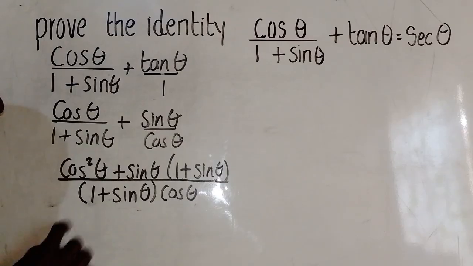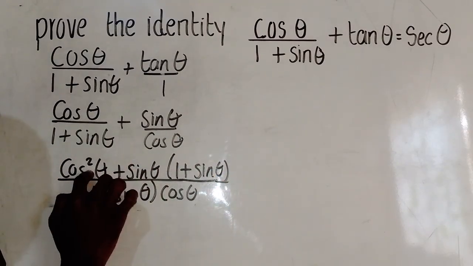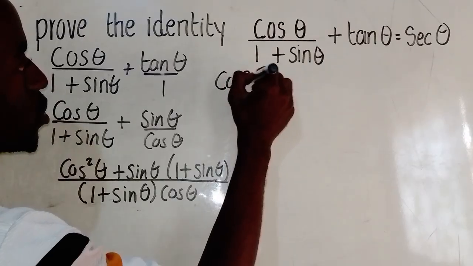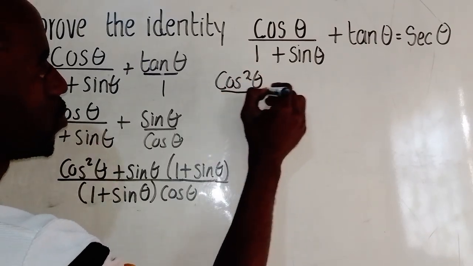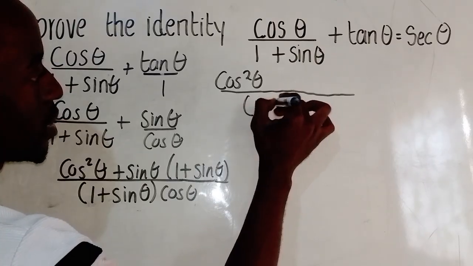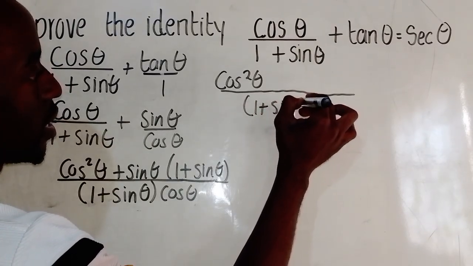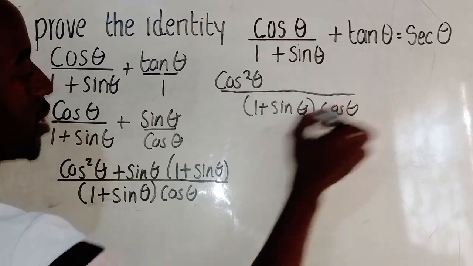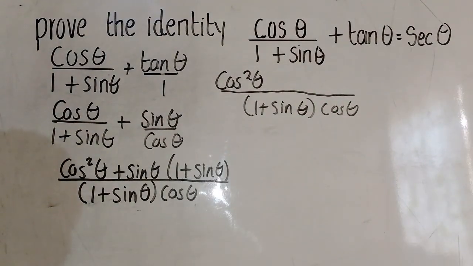The next concept is you need to simplify this part, so it will be cos square theta over, down here, open 1 plus sine theta, then cos theta. Now we do this.